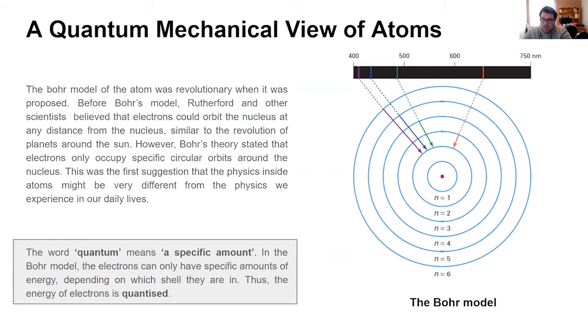That actually let him explain the spectrum that happens when hydrogen, or a hydrogen-like atom, is excited by running electricity through it, or making it very, very high temperature, say throwing it in a fire.